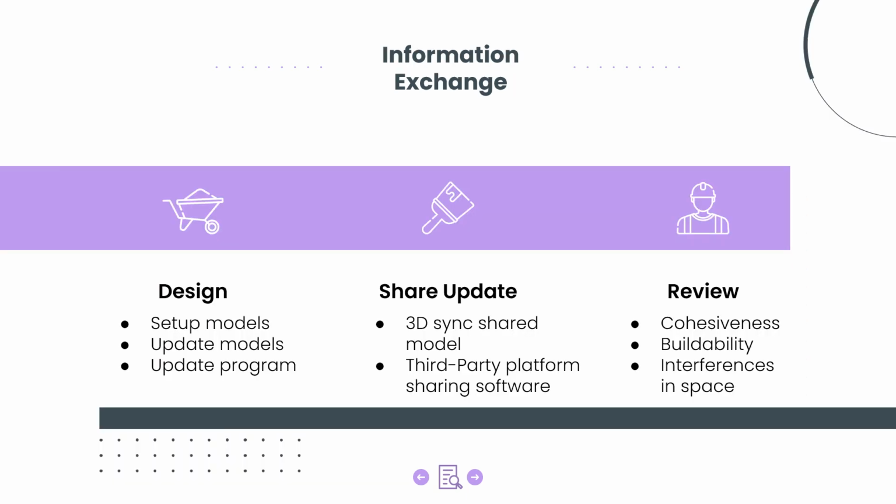The third element of the implementation plan is to develop information exchanges. Not every element of a project needs to be included for a model to be valuable. Therefore, it is important to only define the model components that are necessary to implement each BIM use.